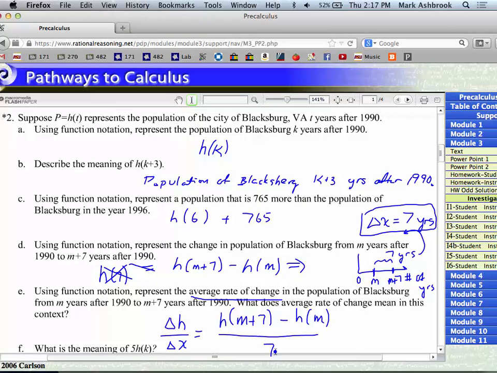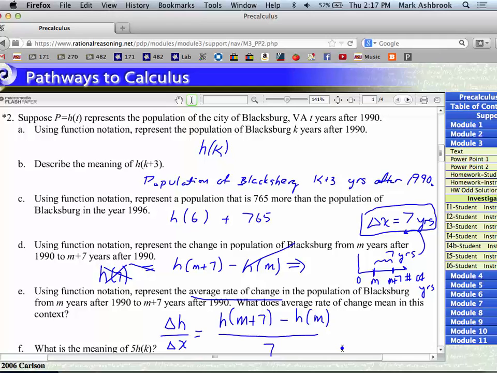That would give us the average rate of change of population for the 7-year period beginning M years after 1990. And that's our average rate of change. And that's like we talked about average speed, remember? So that's something like average speed, but now it's not distance in time, it's population in time. Okay, questions on these?